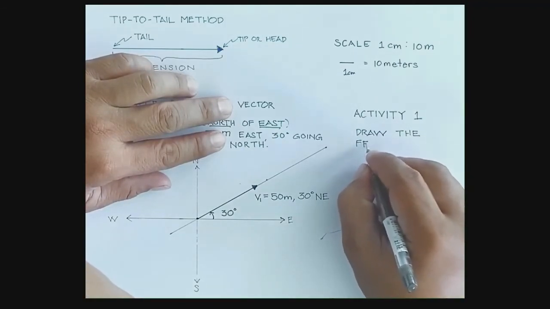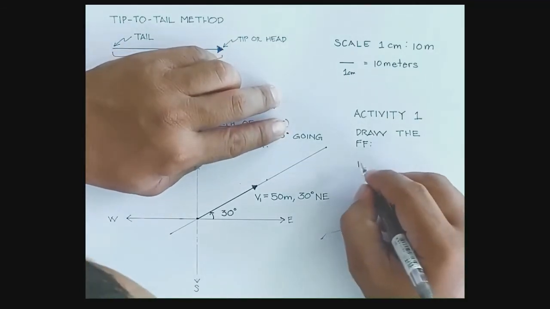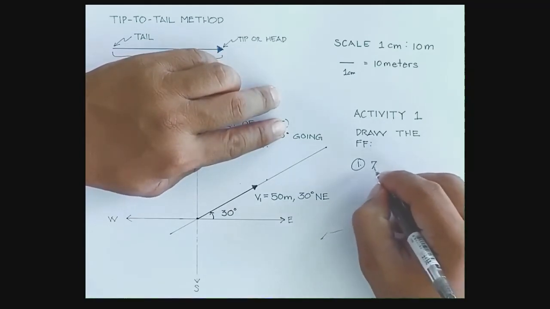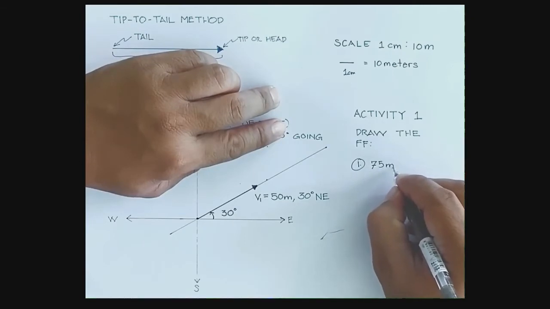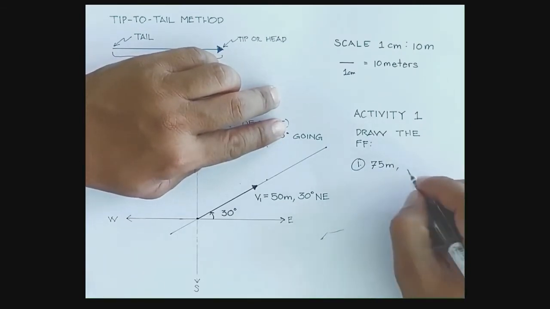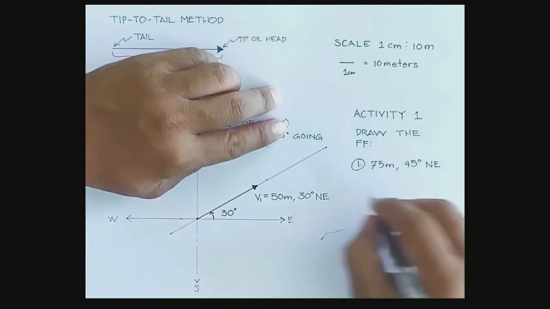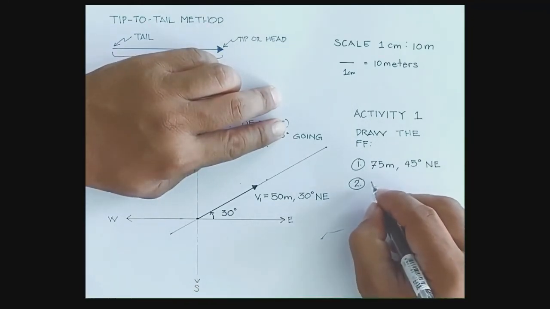Number 1, let's have 75 meters, comma, the angle is 45 degrees. Very special angle, north of east.